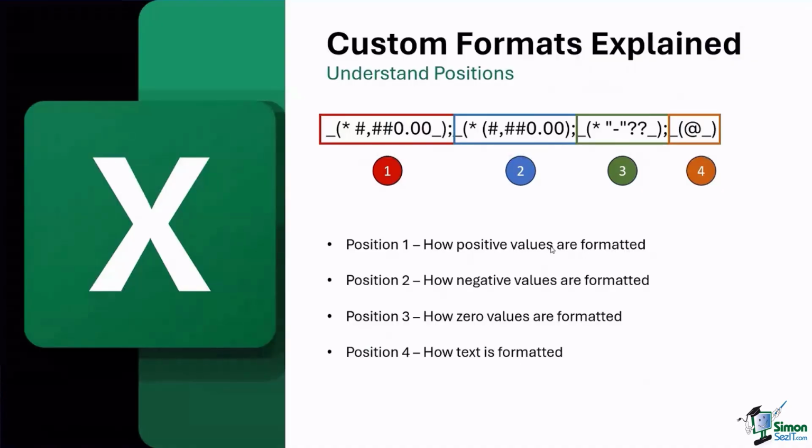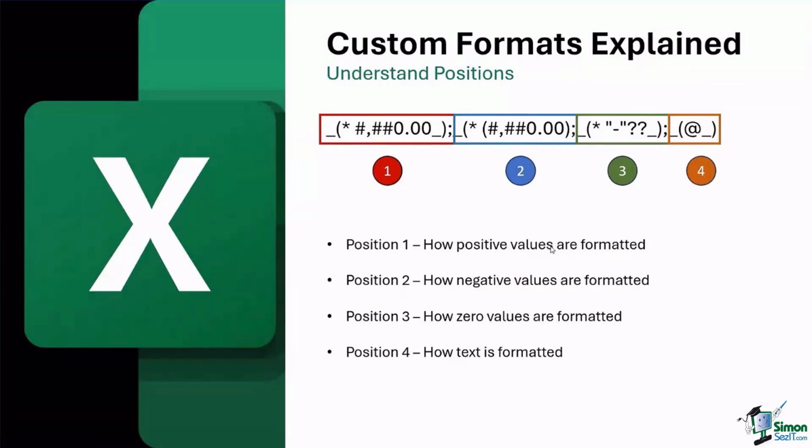So if you're looking at a custom format, there are certain positions that mean different things. Everything before that first semicolon in position 1 tells us how any positive values in the selected range or column are going to be formatted. So that's our formatting for positive numbers. In position 2, that tells us how any negative values in the range that we've selected are going to be formatted. Position 3 tells us how 0 values are going to be formatted.